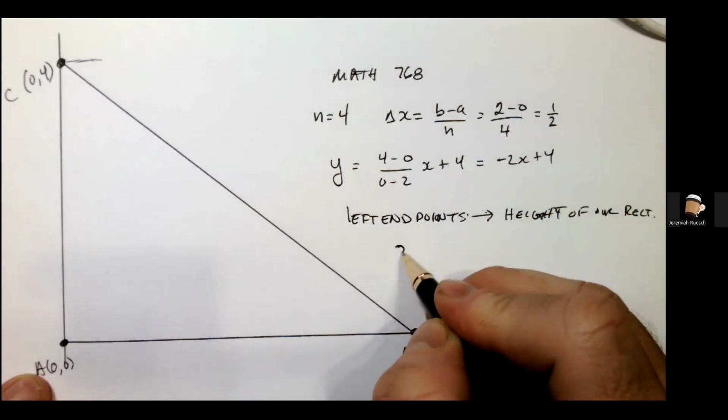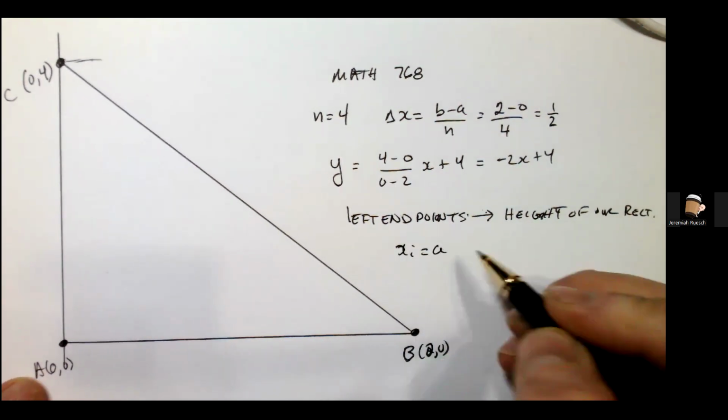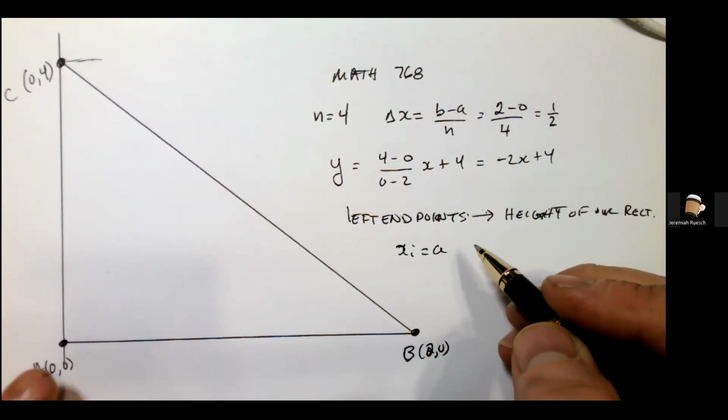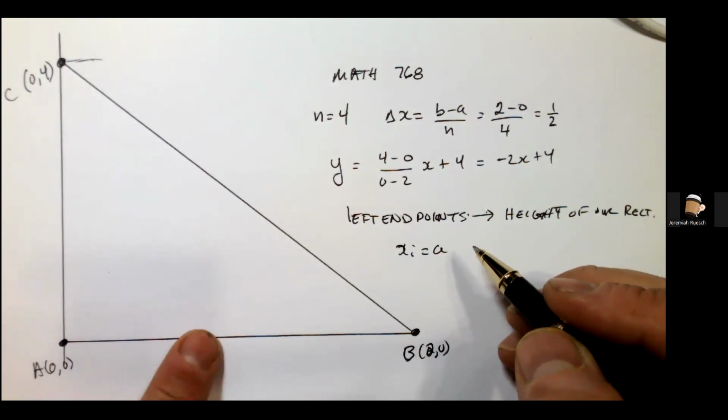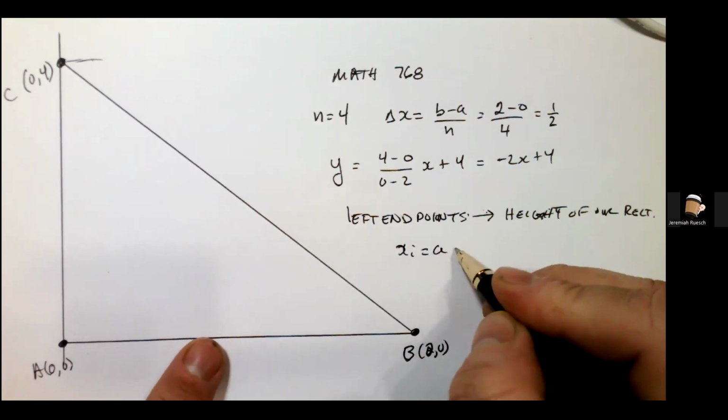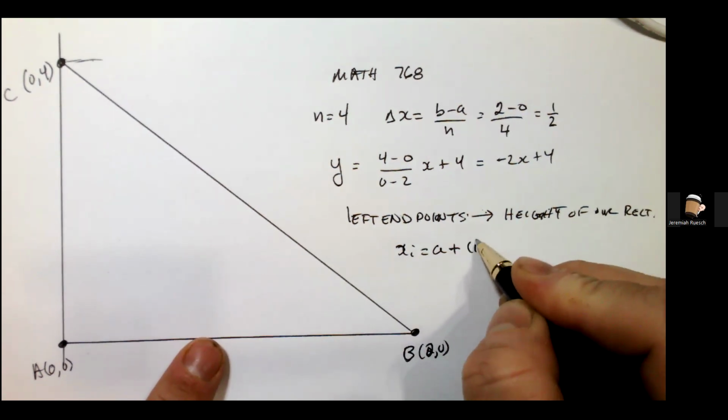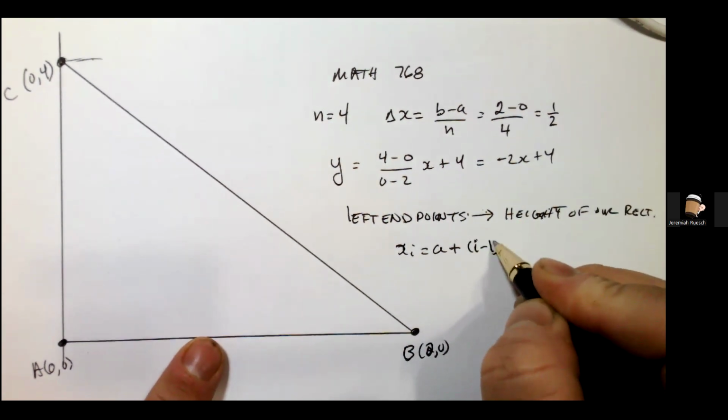We're going to use xi is equal to a, the place that we're starting at. In this case it will be 0, but we may have a point over here, for example, and that's where we started. So it's going to be a plus i minus 1 times delta x.